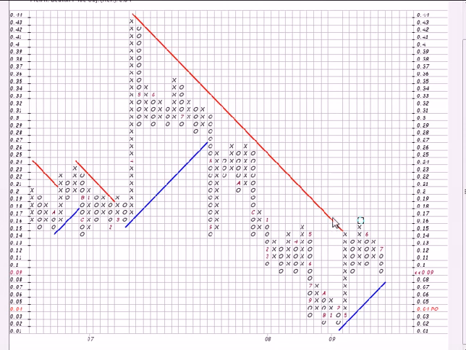Once a stock goes over the diagonals or under the diagonals, it can rise or fall very, very fast. It's always a good idea to know where those diagonals are and keep your eye on them.